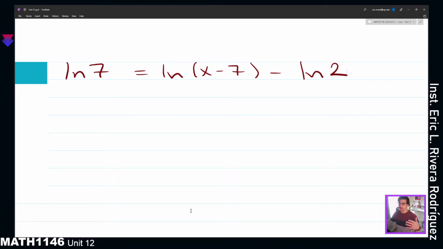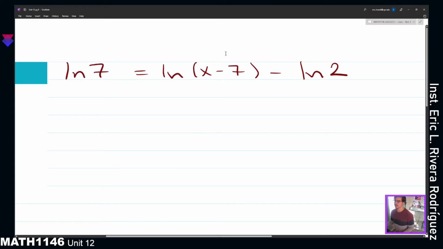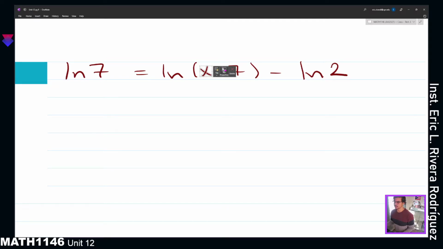All three logarithmic functions share the same base. The base is e because we have natural log. So our goal here is to isolate or simplify the logarithmic functions in a way that we can solve for the unknown variable, which is x.